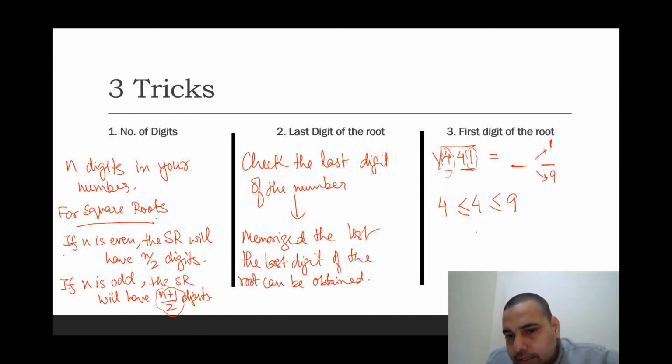Now in this case, our 4 is greater than or equal to 4 but less than 9, which means my first digit is going to be the square root of this 4. So that number is definitely 1, right? So I know that my answer is either 21 or 29.